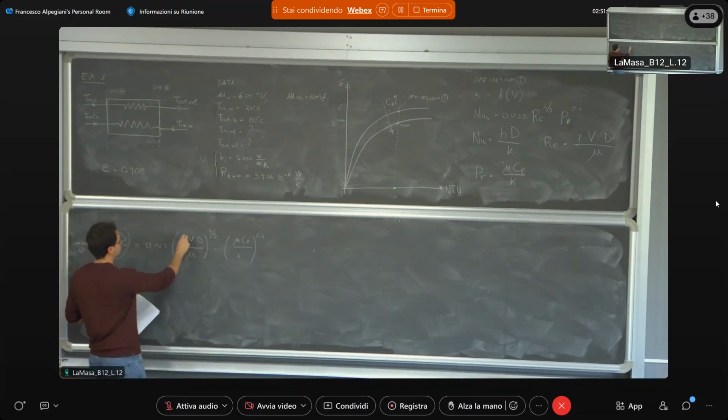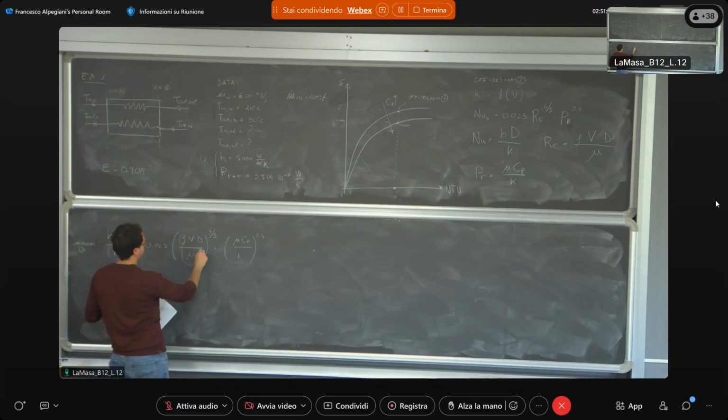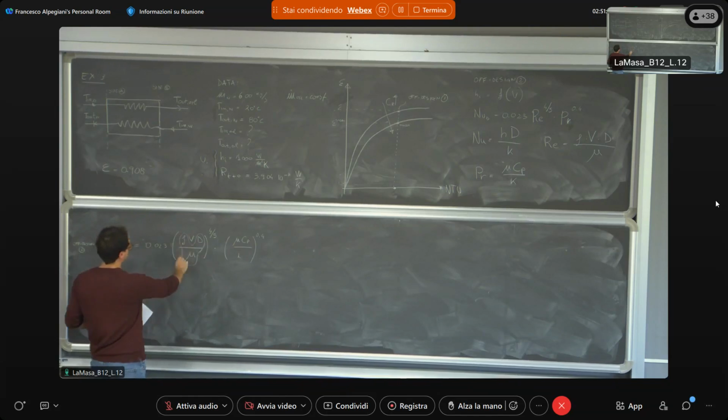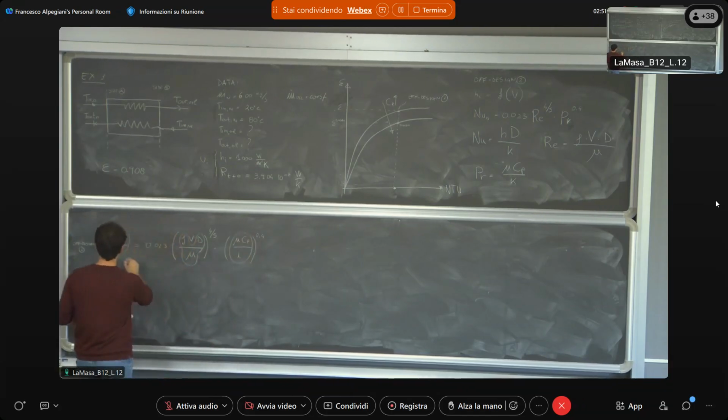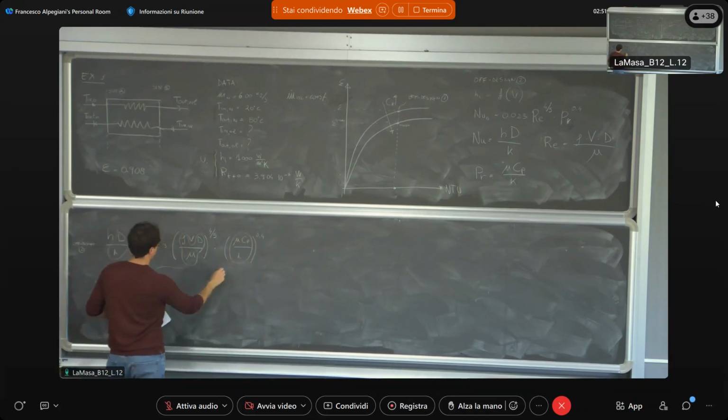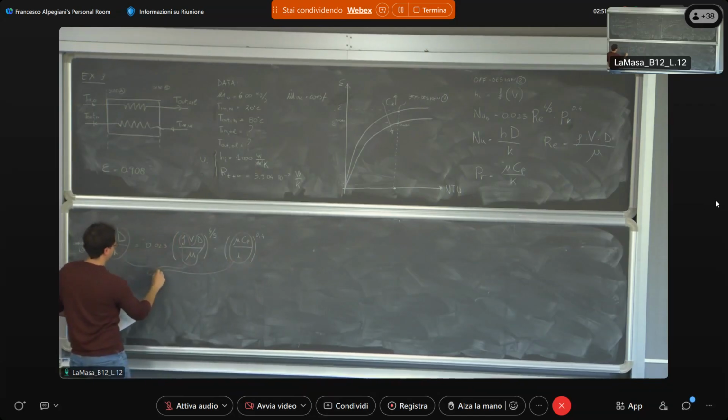For the Reynolds number, between the nominal and off-design condition, these parts remain the same. And also, all the Prandtl number remains the same. So these remain constant between the correlation that we use in off-design condition and the correlation that we use in nominal condition, that I can write here.